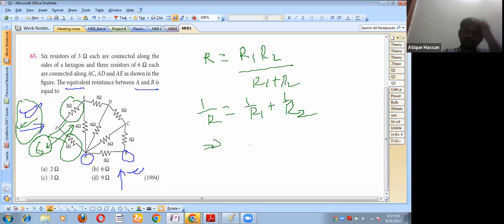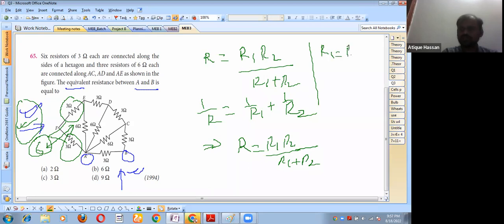If R1 is equal to R2 equal to R, then R equivalent will be R by 2, becoming half.